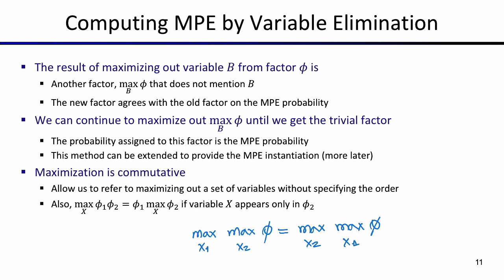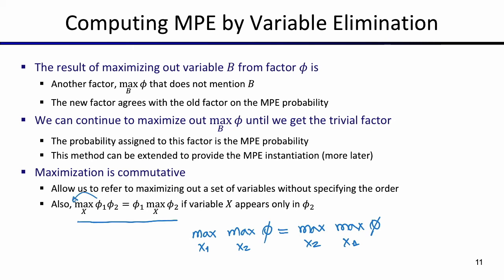And also, one important result here is that we can do the variable elimination process, because when we are maximizing out a variable x from two factors, phi1 and phi2, but phi1 does not mention the variable x, we can remove phi1 from here and place it there.